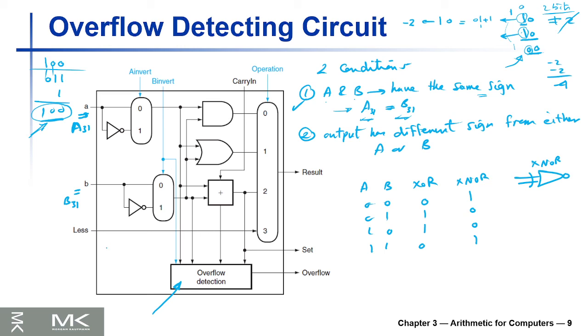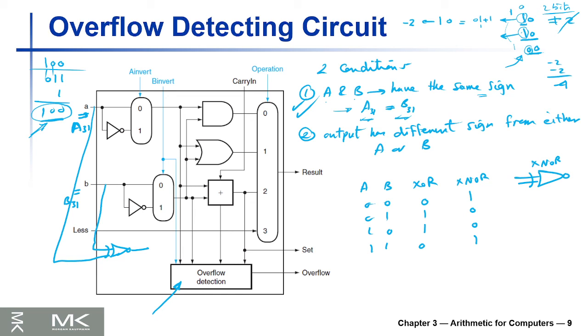So we need first an XNOR like this, and we're gonna connect A and B to that XNOR. So this XNOR will produce 1 if A equals B, which means they have the same sign, which is the first condition.